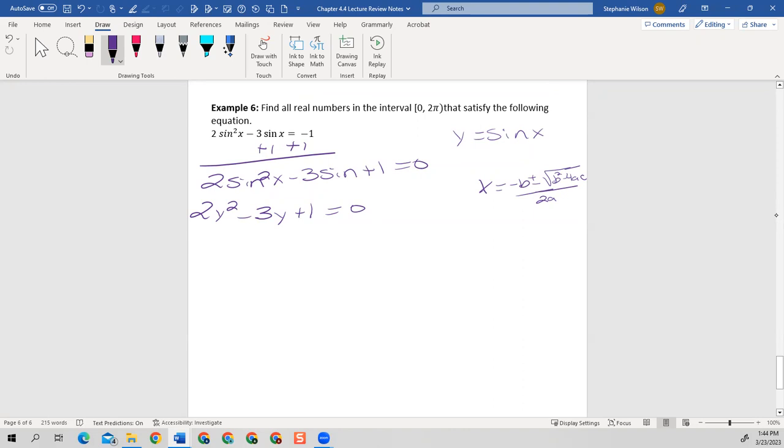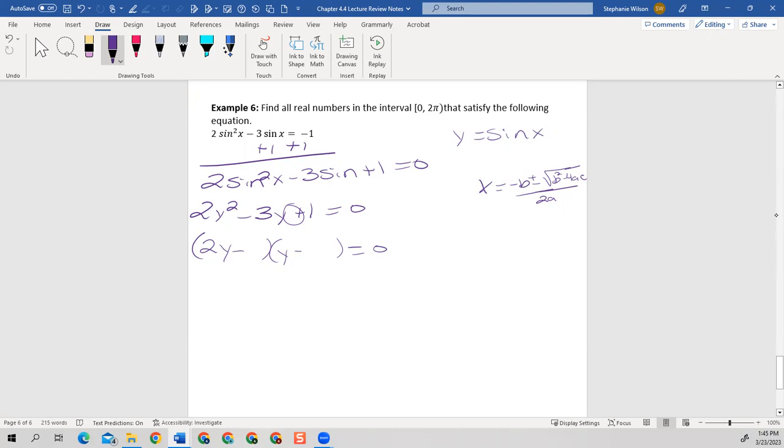However, I do know that 2y is going to leave one parentheses and y will leave the other one, because the product of 2 is 1 times 2. I know that I need a product of 2 times 1 that adds to get -3, so both signs are going to be negative because we're adding.